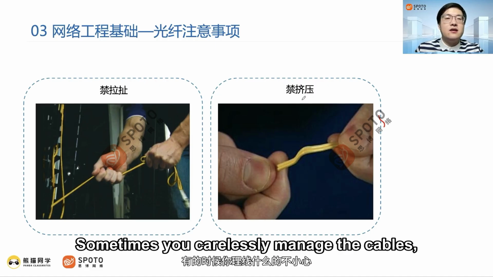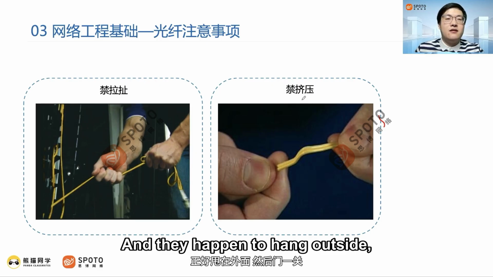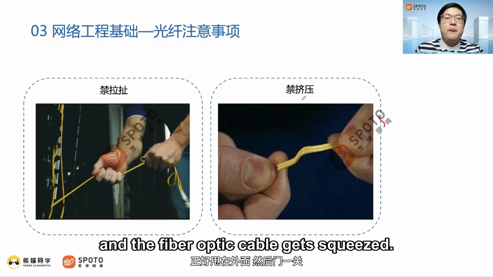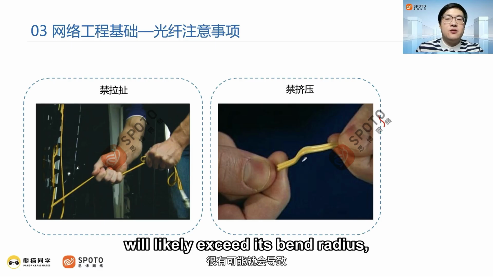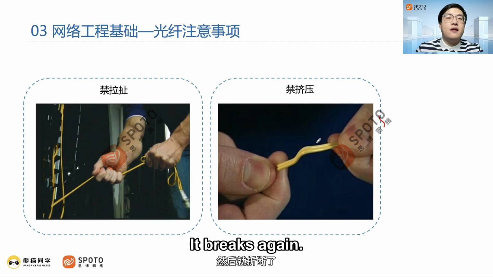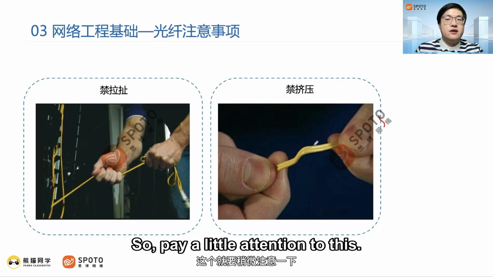Sometimes you carelessly manage the cables and they happen to hang out, then you close the door and the fiber optic cable gets squeezed. That squeezing will likely exceed its bend radius, and then it breaks. So pay a little attention to this.